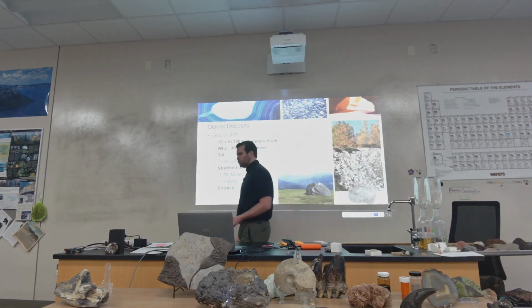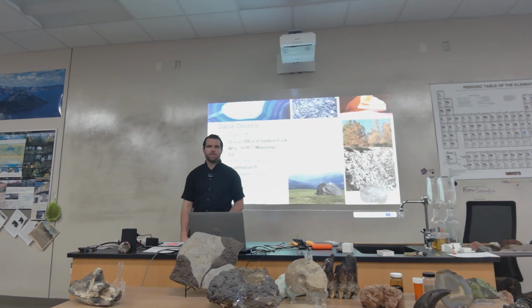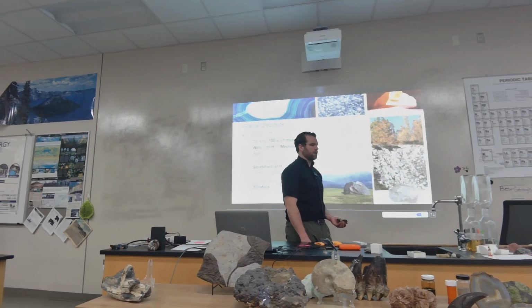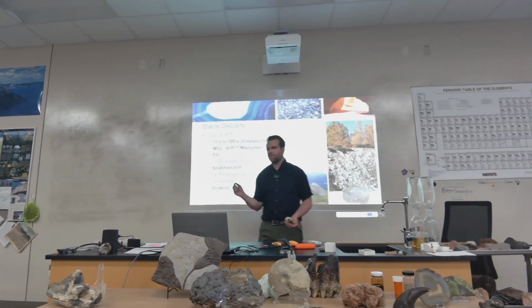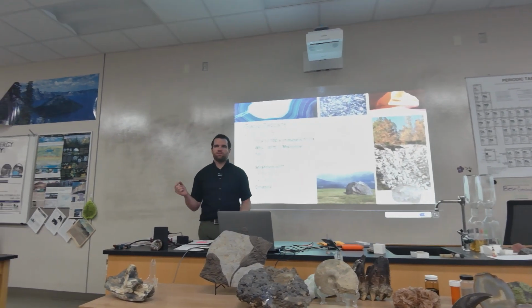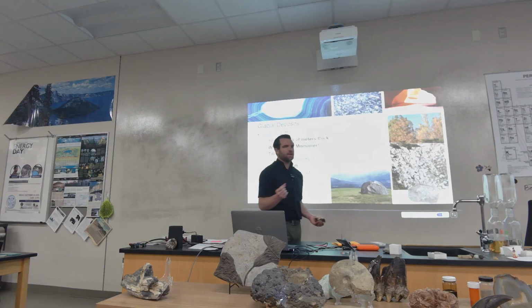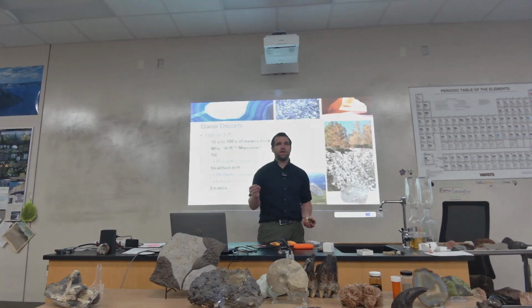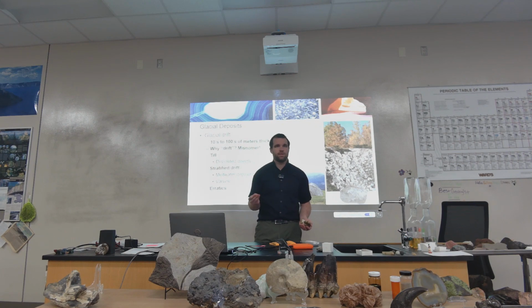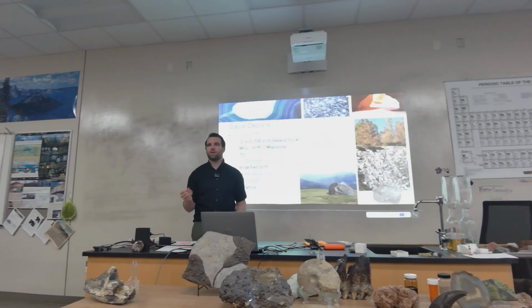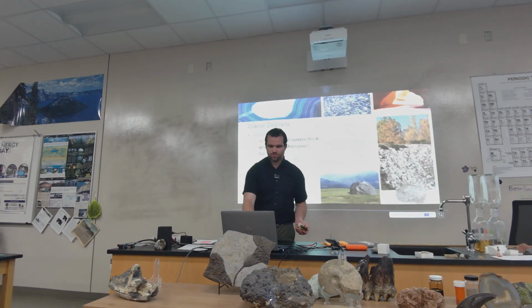And then rock flour, or stratified drift, is what we call it when it's very, very tiny layers of tiny particles of rock. It literally has the consistency of flour. Have you ever felt flour? It's so fine it almost feels like a liquid. That's how pulverized this rock can be by the passage of a glacier.